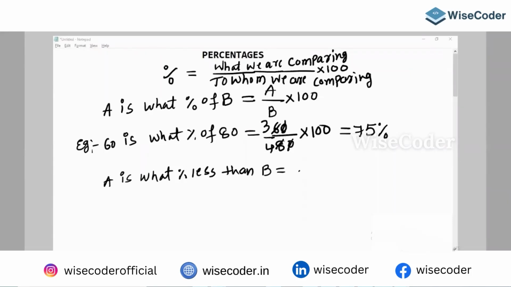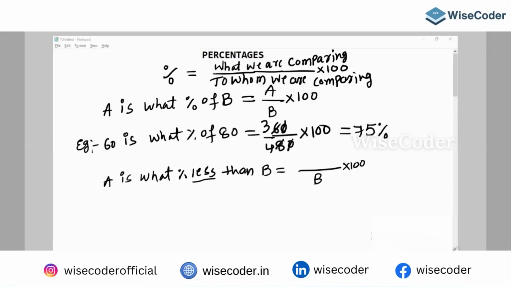So look at here, please understand the situation. In the numerator is what we are comparing; in the denominator is whom we are comparing with, into 100. Ask yourself: what will come in the numerator, what will come in the denominator? A is what percent less than B. So he is comparing with B, so B will come in the denominator. But what he is comparing is less.